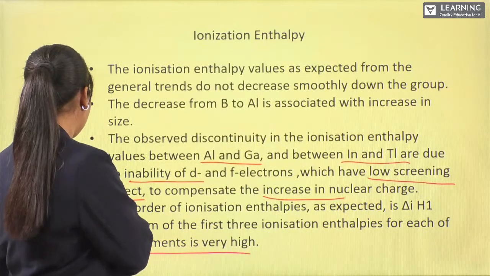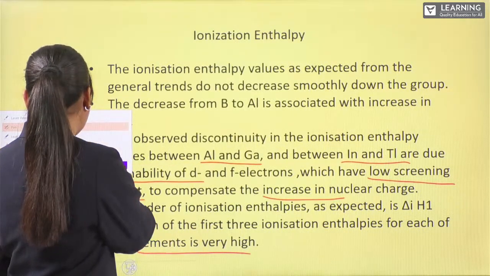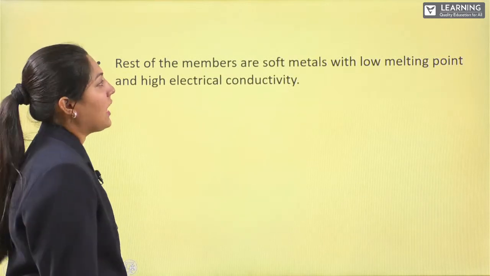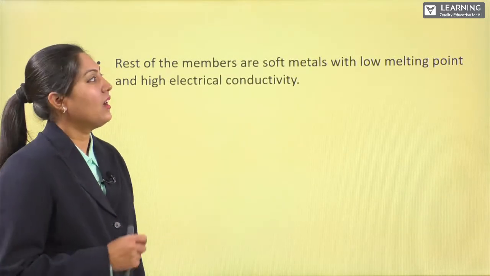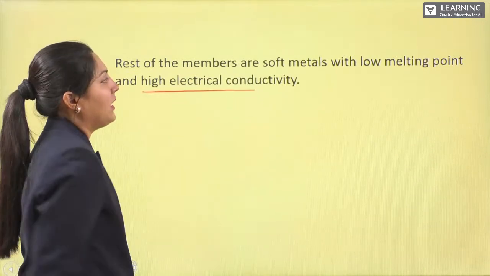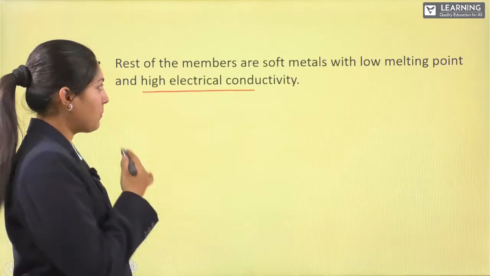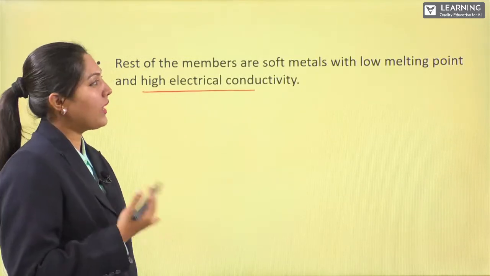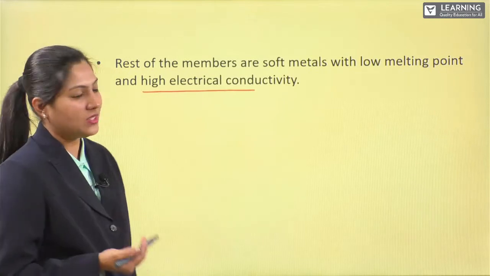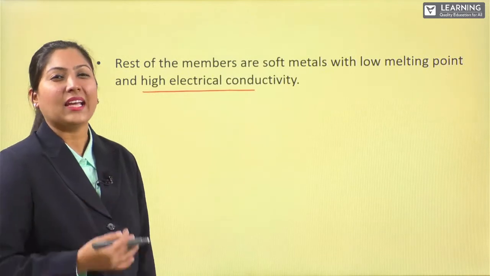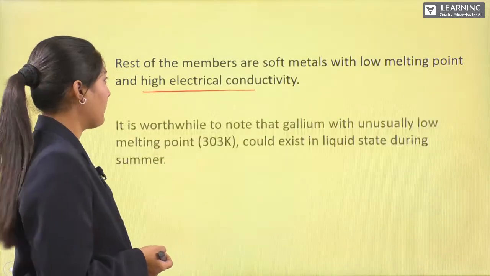It is not easy to remove the first three electrons. The rest of the members are soft metals with low melting points and high electrical conductivity. Other than boron, all other members are metals. As they are soft metals, they have low melting points and also high electrical conductivity.